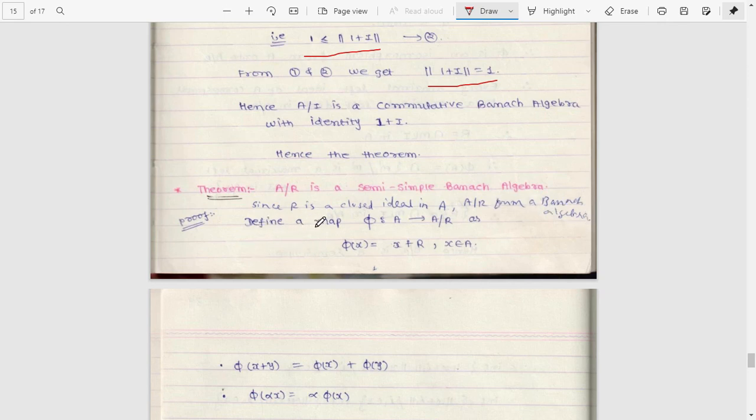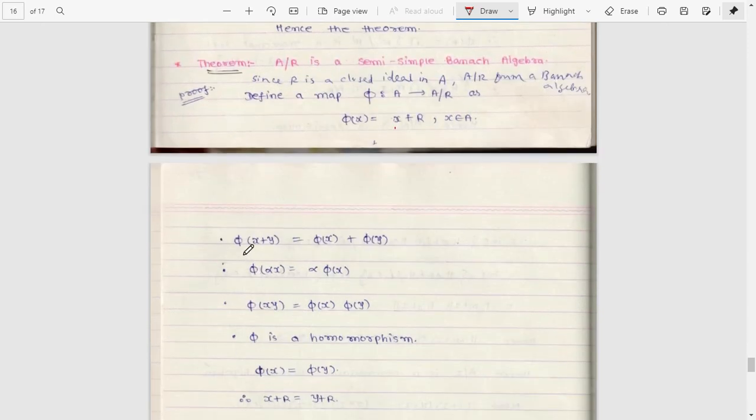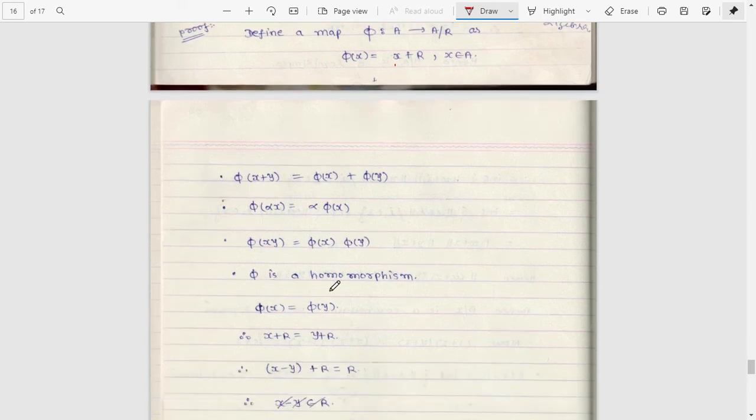Now definition: a map phi from A to A/R as phi of x is equal to x plus R, where x belongs to A, and phi of x plus y is equal to phi of x plus phi of y, and phi of alpha x is equal to alpha phi of x, and phi of xy is equal to phi of x into phi of y.